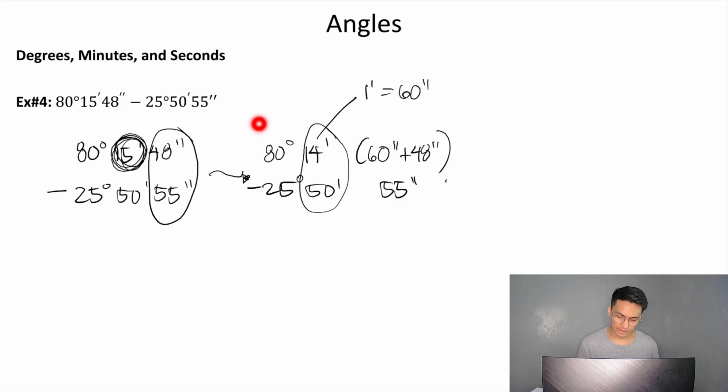So, ilipat natin ulit sa kabila. We are going to borrow 1 degree dun sa 80 degrees. So that, magiging 79 degrees na lang siya.